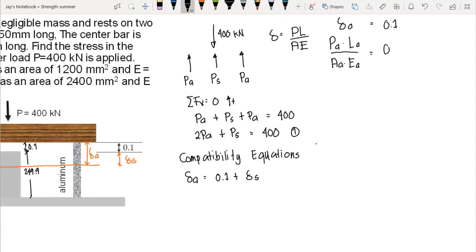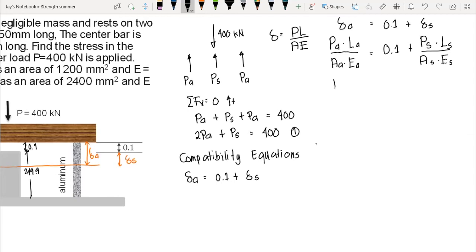So we have 0.1 here, plus the deformation of the steel member, that is the axial force in the steel times the length of the steel member over the area of the steel member times the modulus of elasticity of the steel member. So we substitute all the given values to this equation.